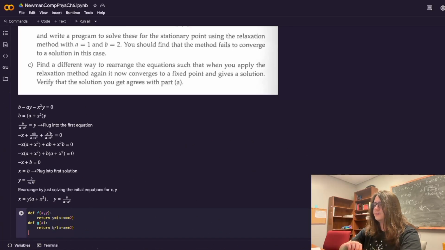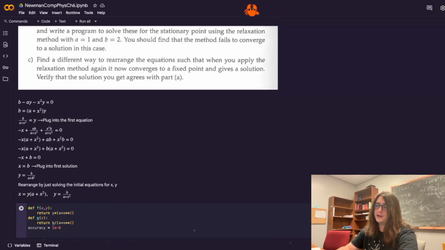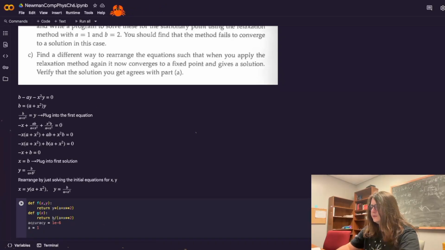And now we can set up the relaxation method, or not over-relaxation, but regular relaxation. I'm going to set our desired accuracy to 1e minus 6. Define a and b out here. So a was 1 and b was 2 in this particular situation.